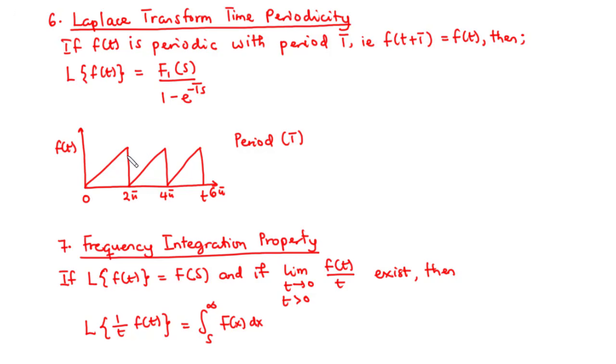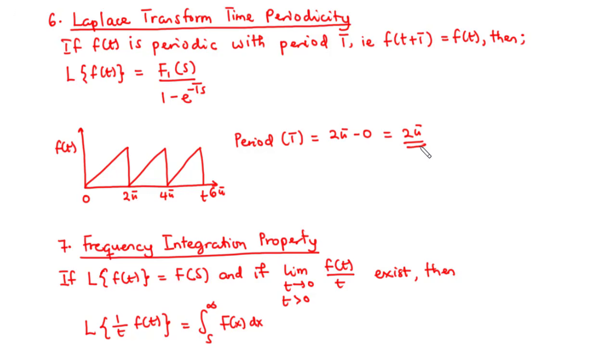The period of the signal is obtained by subtracting 0 from 2 pi, or better still, subtracting 2 pi from 4 pi or 4 pi from 6 pi. So any of them is correct. So let's say the period of the signal is given by 2 pi minus 0, and that is equal to 2 pi. This is the period of this signal.